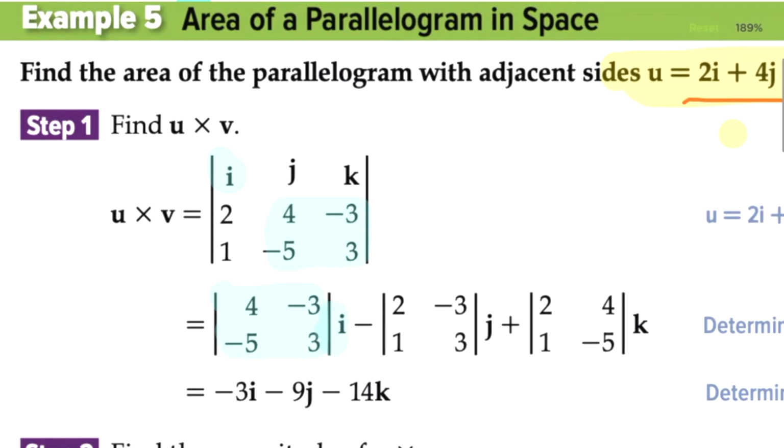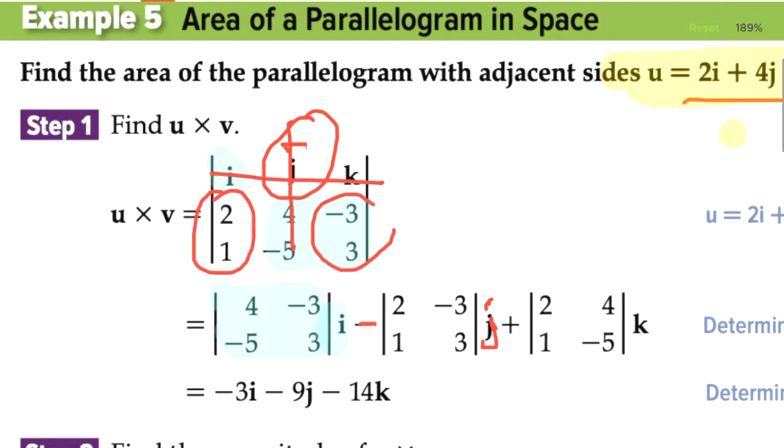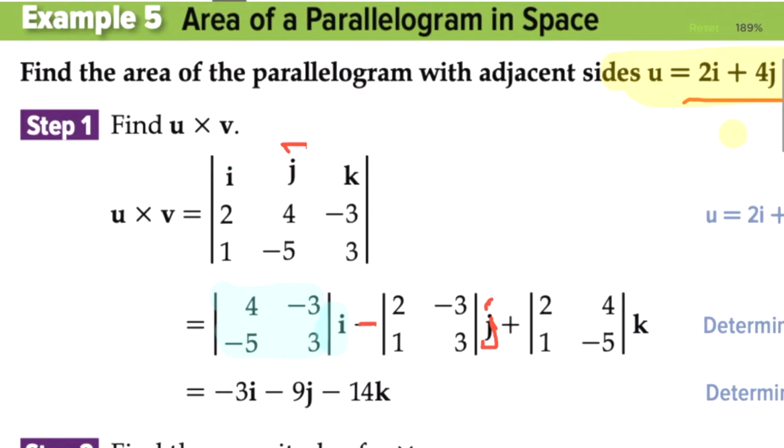Just like that. After that, you must put a minus. When you come to j, this j should be with a minus. This minus j, and then you put the determinant for j: you cross this row and this column, and you get only 2, 1, negative 3, and 3. Here it is.